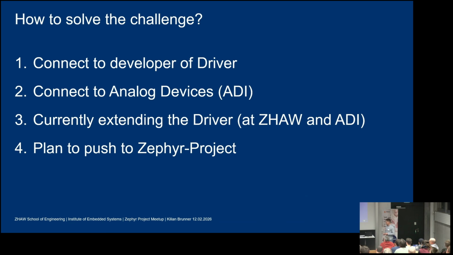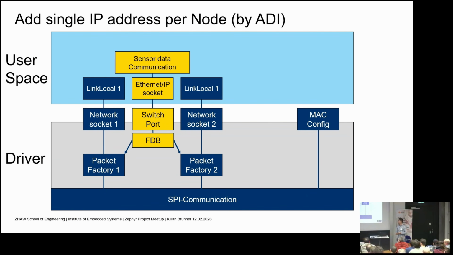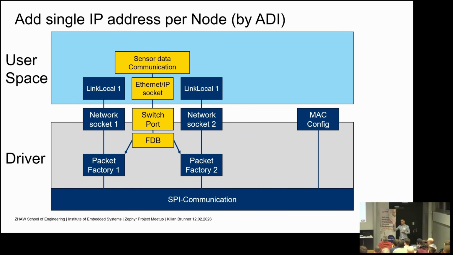But what exactly are we changing? I said before, it would be very elegant to have a single IP address. So here we looked how Linux, for example, is solving this issue. And we realized in Linux, there is a switch topology logic that always has a single switch port with a single IP address. This is exactly drawn here. So on top, we have our sensor data communication that is connected to an Ethernet IP socket with a single IP address, which is then going to my virtual switch port.